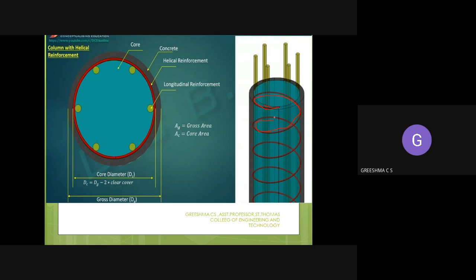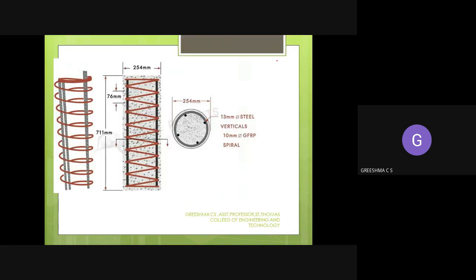Whenever you hear about a circular column, the first thing that should come to your mind is that a minimum of six longitudinal bars is provided. Let's see here: one, two, three, four, five, six. So they have provided the minimum number of reinforcement bars over here. This is another view. This is exactly how you provide spiral ties.